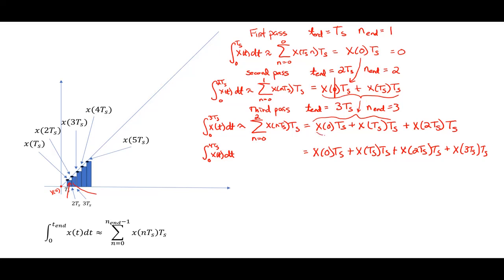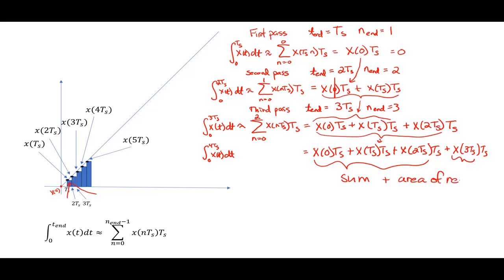When I go from the third pass to the fourth pass, that same area is already there. So in other words, every time I go through this for loop, all I do is add on the area of the newest rectangle. That says the for loop should keep track of a variable called sum, or something like that, and then I want to add in the area of the new rectangle.